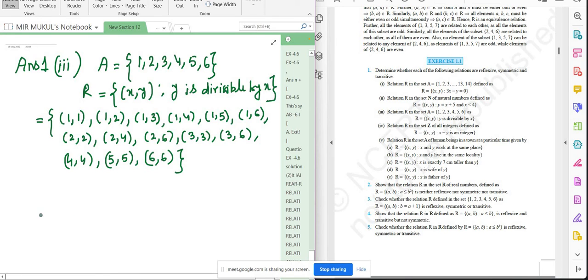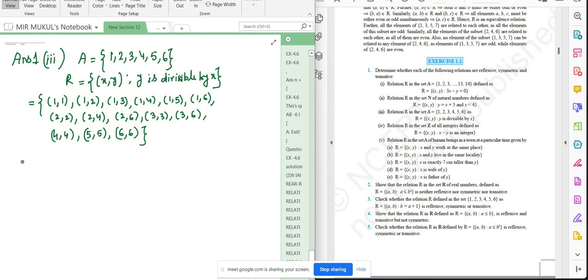Now tell, is it reflexive? Yes, sir, it is reflexive. So how will you write? Now, if it is reflexive, don't give an example.